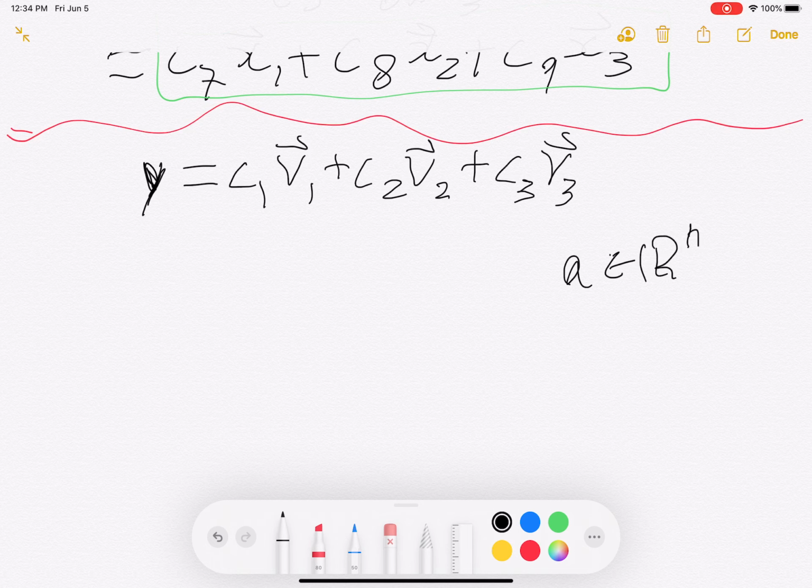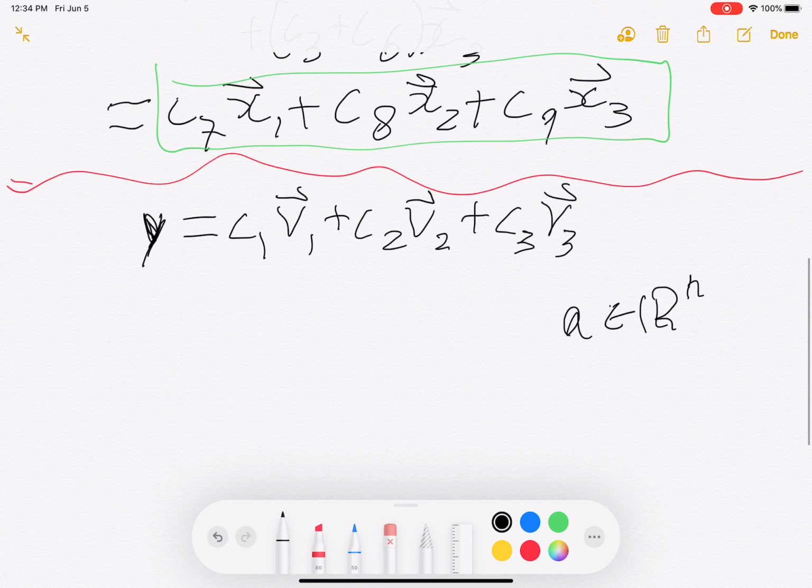Pretty basic. So that's really our only parameter here. We can just multiply both sides of this equation by a, right?